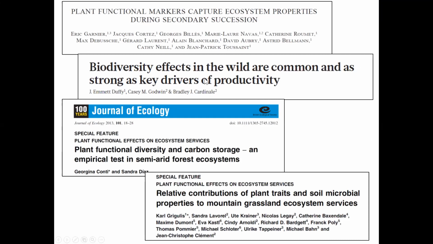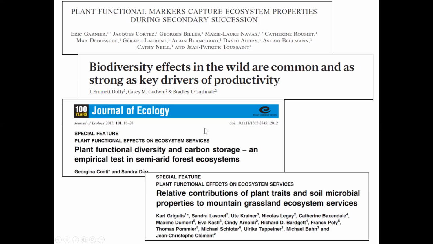This one is a synthesis that shows that not only do we have increases in productivity thanks to all the experiments that have been conducted, but this is also a result that has been supported by many different field studies. And these two are other specific studies that show contributions of traits and how the traits impact different ecosystem processes, not only above ground, but also below ground. I'm gonna put the references of these when I upload the lecture.